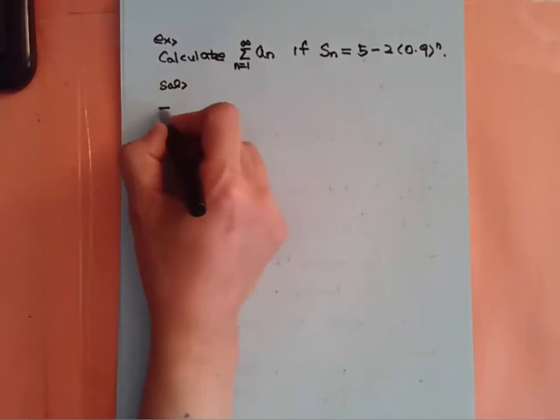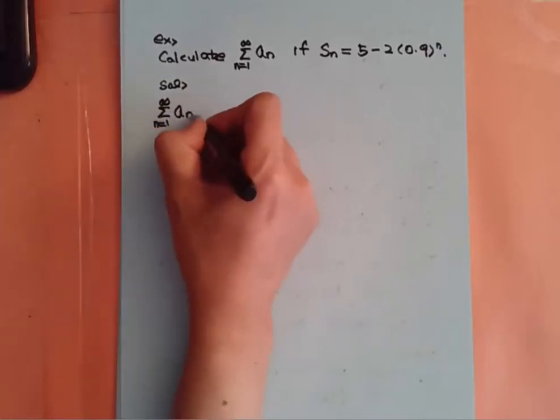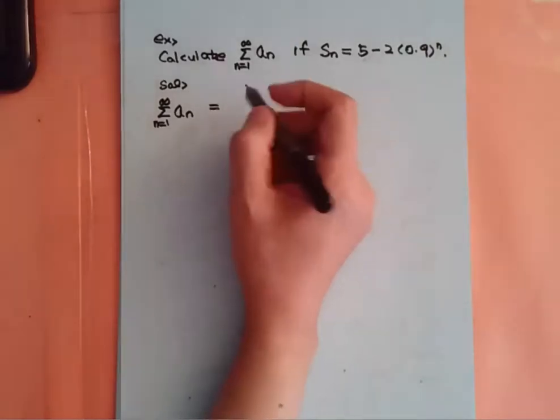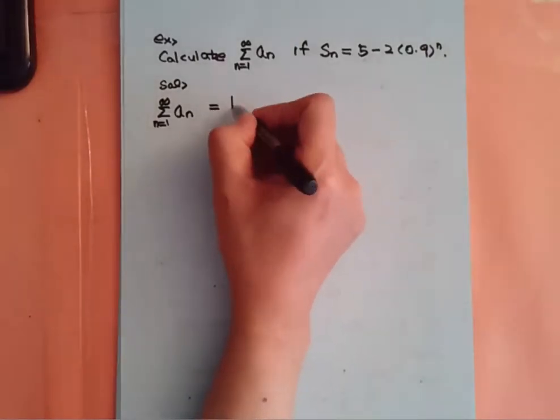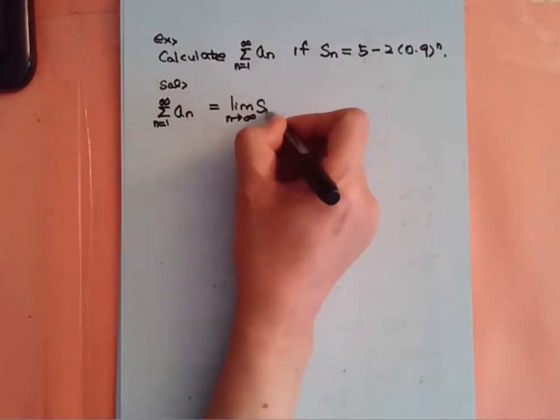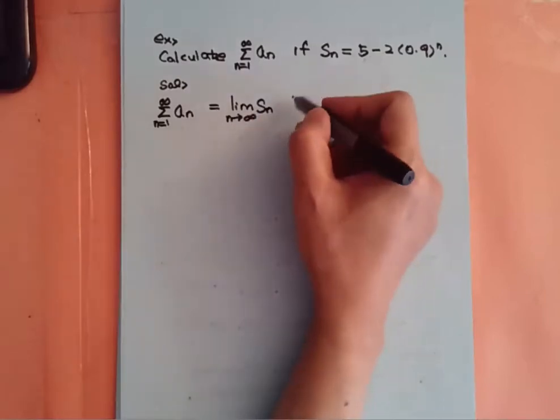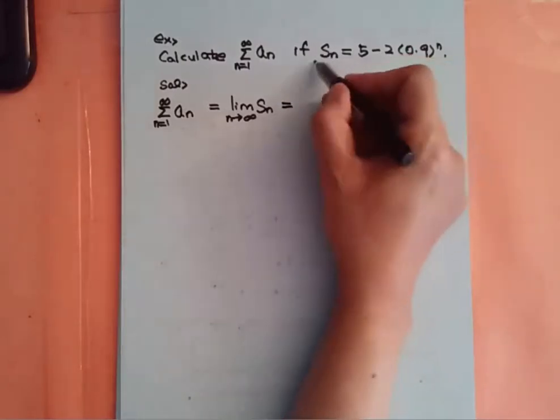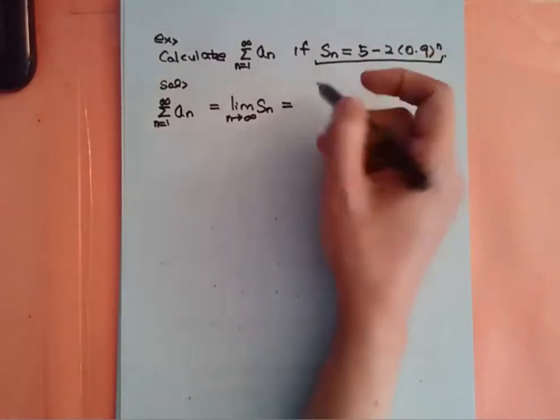Basically, we will just apply the definition of the infinite series. The summation of a_n was defined as the limit as n goes to infinity of the partial sum. So the partial sum is given like this.